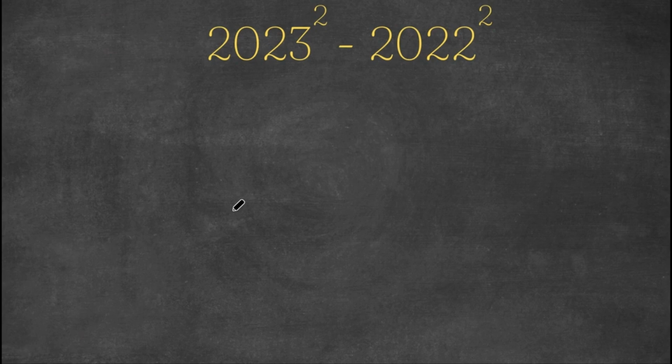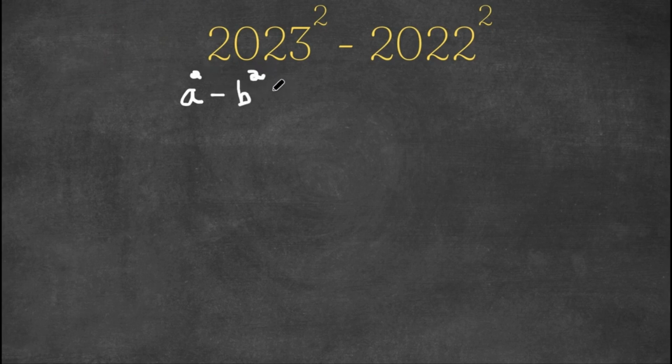In today's video, I'm going to be teaching you guys how to solve this problem without a calculator. So we have 2023 squared minus 2022 squared. So our first step is to look at the equation a squared minus b squared.